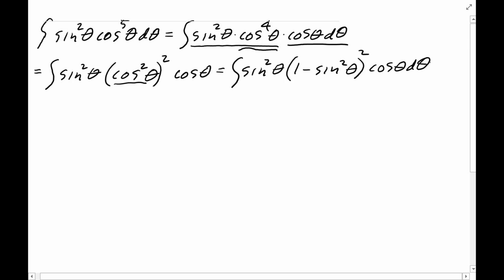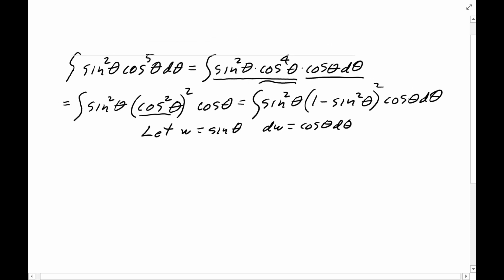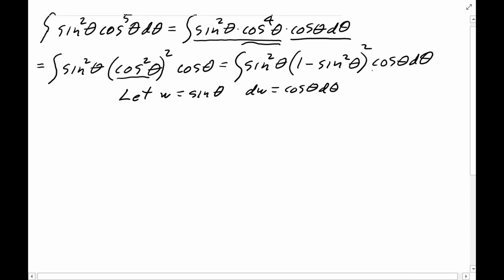Okay, now we're ready to do our substitution. I'm going to let w be the sine of theta. dw is cosine theta d theta. And right there you can see our dw. So this integral becomes w squared times 1 minus w squared, squared, dw.